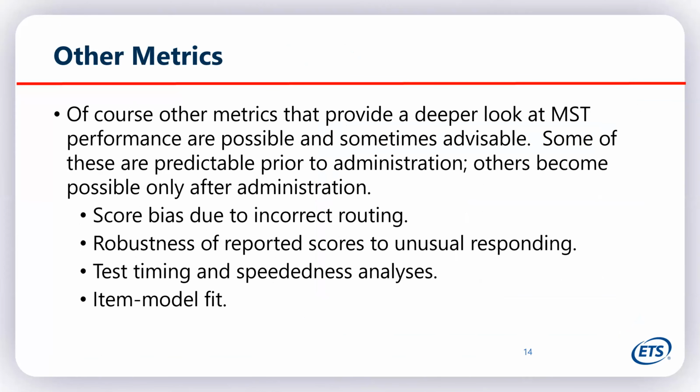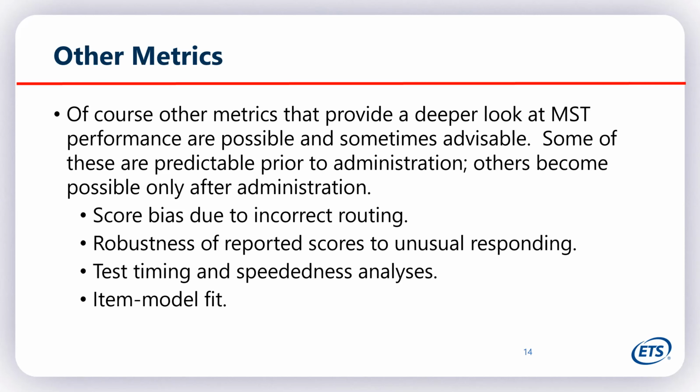There are other metrics that are certainly possible and probably advisable in a lot of situations that provide a deeper look at MST performance. Some of these are predictable or inferable prior to administration. Others become possible for review only after administration. The first of these is score bias due to incorrect routing.